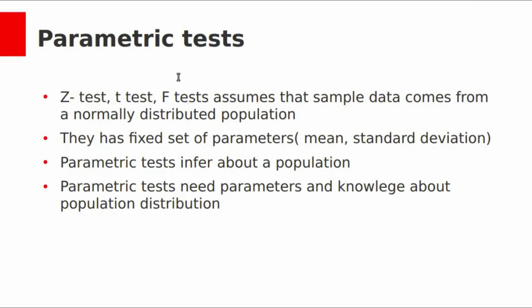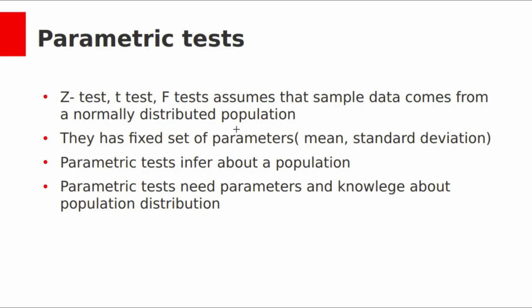In previous class we have seen two sample t-test. Today we will see chi-square test. All these tests, z-test, t-test and f-tests assume that the sample data comes from some probability distribution such as normal distribution that has a fixed set of parameters like mean and standard deviation.